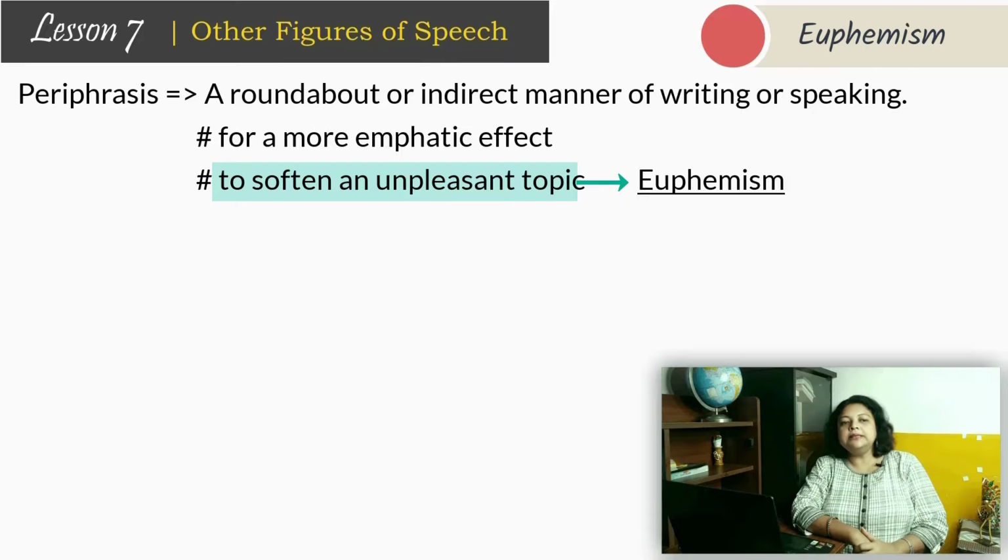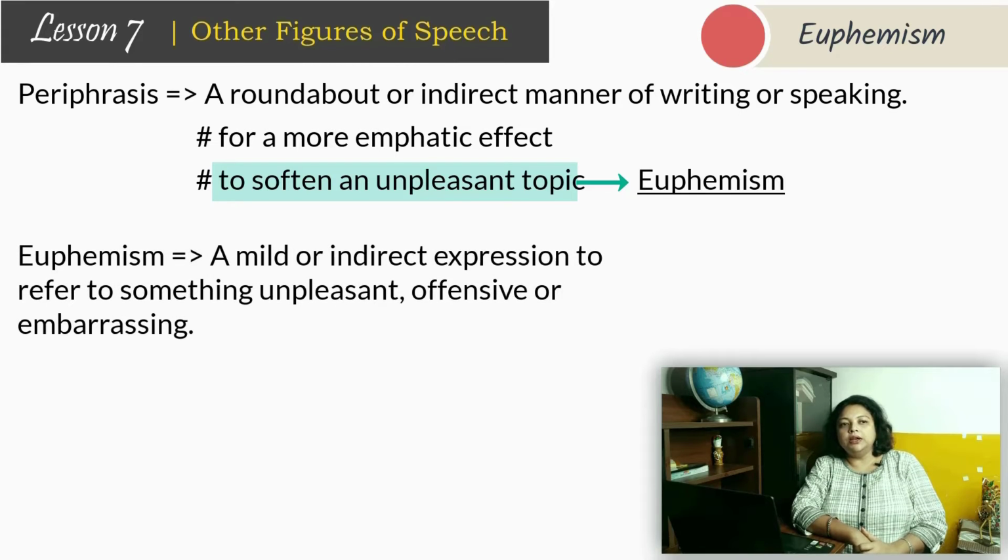Euphemism is when you are not directly saying something because you don't want to hurt somebody, or you don't want to talk about a subject which can be a taboo for people. So you just go about in a roundabout way using different kinds of words, not going straight to the point or not going direct about what you want to talk about.